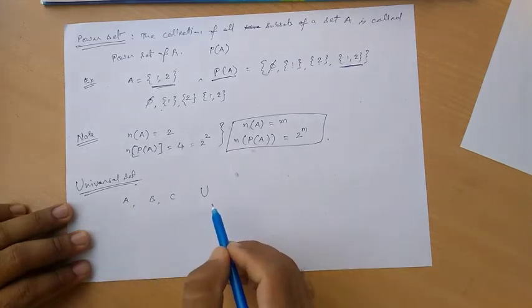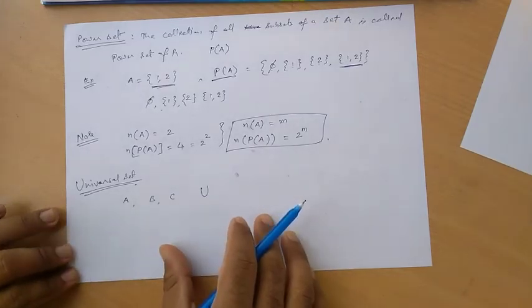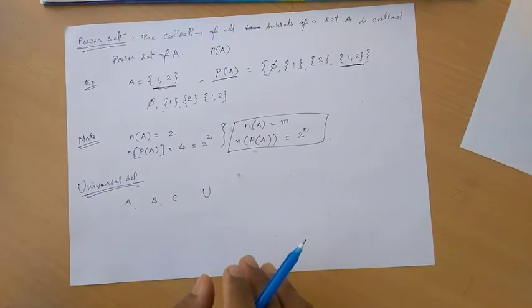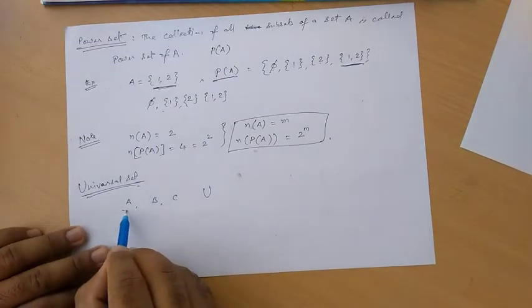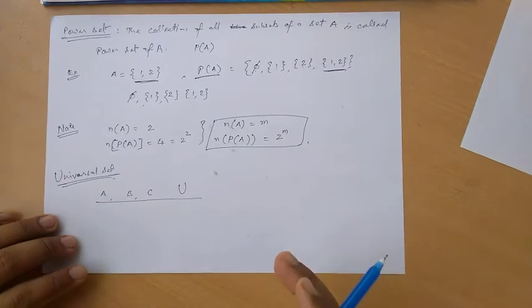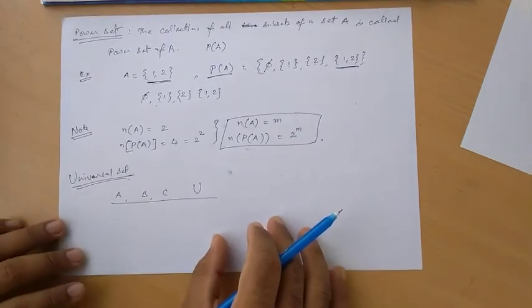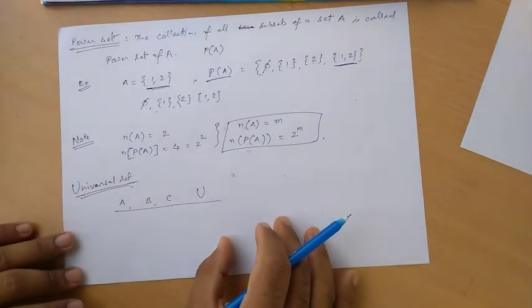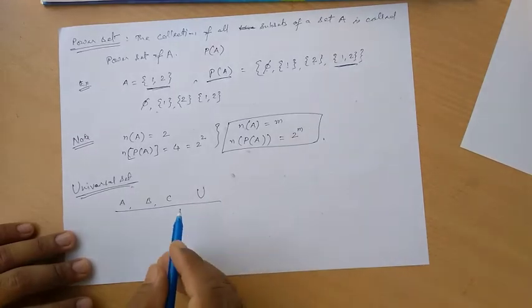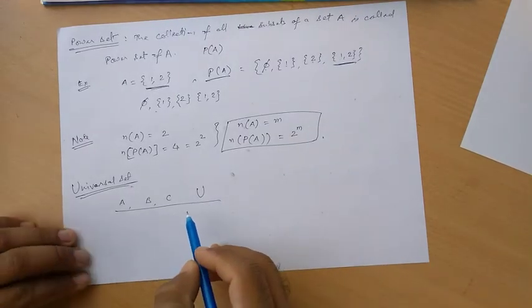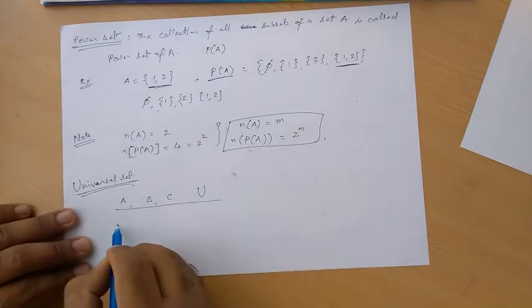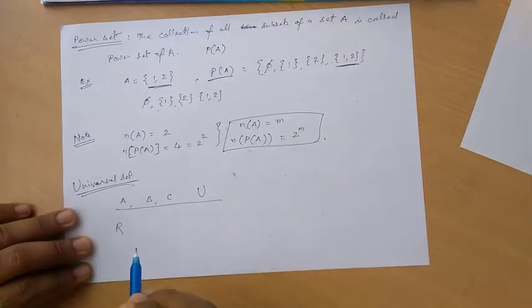So we can conclude what a universal set is. It is very easy. If I talk about the real numbers, then most of the time the real numbers are the universal set that is understood by default.